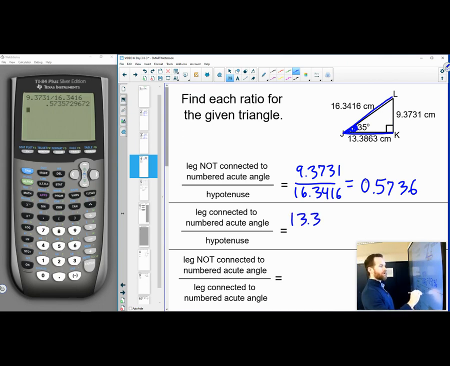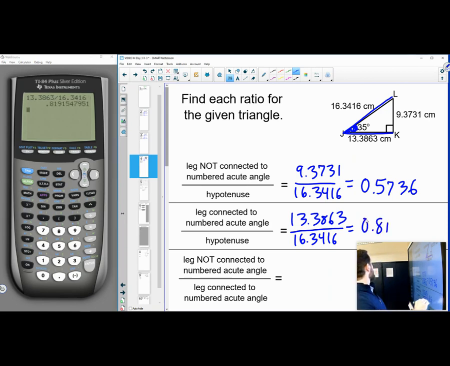So in this triangle, it's 13.3863, all divided by the hypotenuse, 16.3416. And let's see what we get. 13.3863, divide that by 16.3416, and we get 0.8192 it will round to.